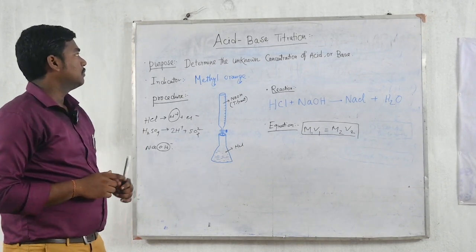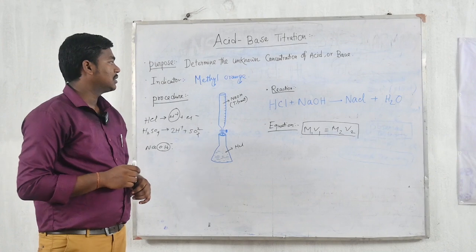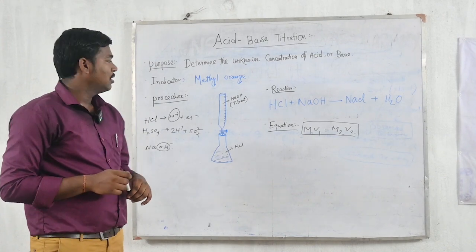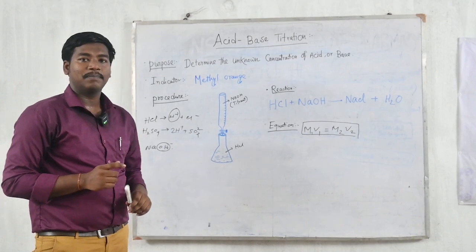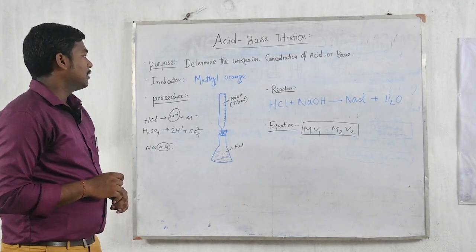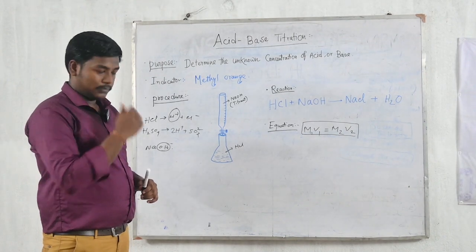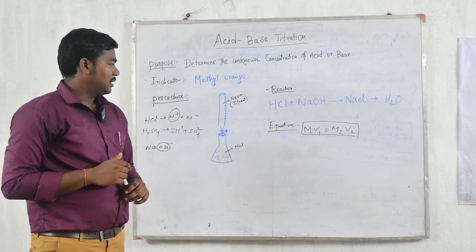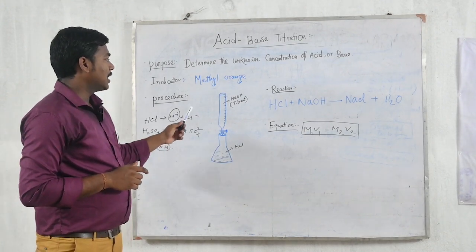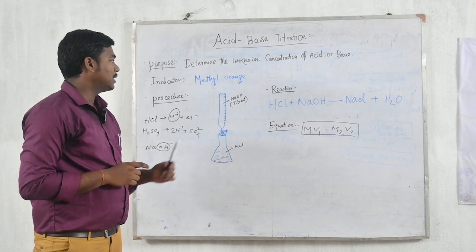Now the procedure, that means how we perform the acid-base titration. In acid-base titration, we generally need the burette, the conical flask, a pipette and a dropper. Suppose we try to determine the unknown concentration of acid. In the burette we transfer the base, that is sodium hydroxide.